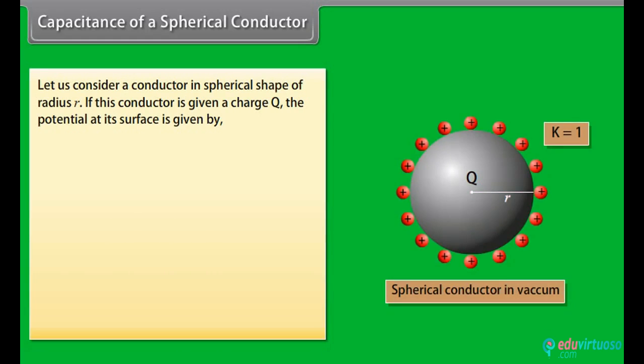Capacitance of a spherical conductor. Let us consider a conductor in spherical shape of radius r. If this conductor is given a charge Q, the potential at its surface is given by V is equal to 1 upon 4 pi epsilon naught multiplied by Q upon R. It can be written as Q is equal to the product of 4 pi epsilon naught R and V. We know that Q is equal to CV.